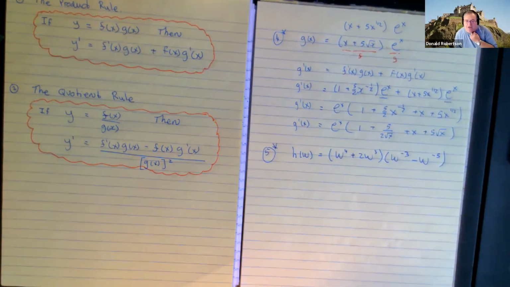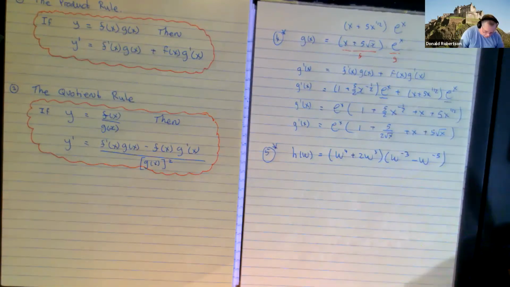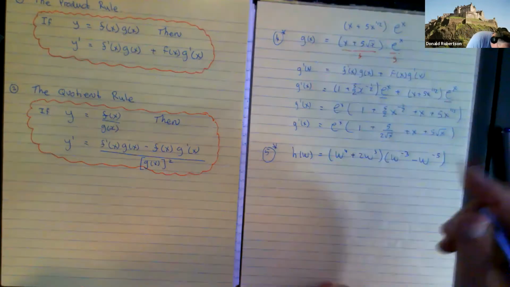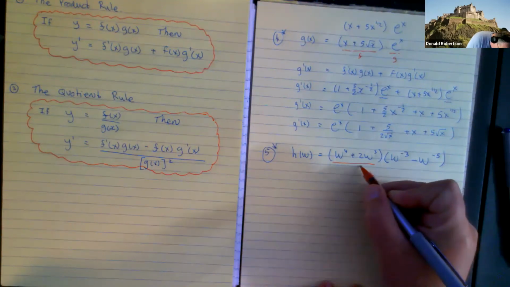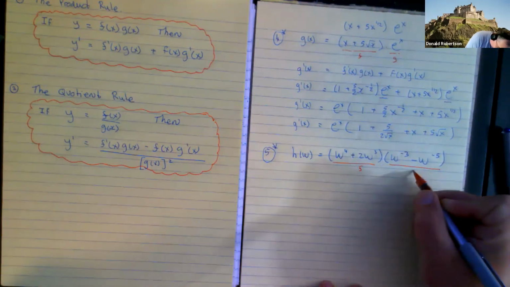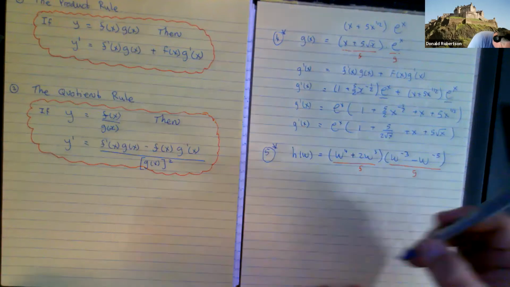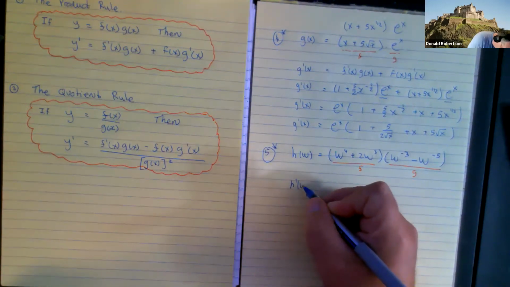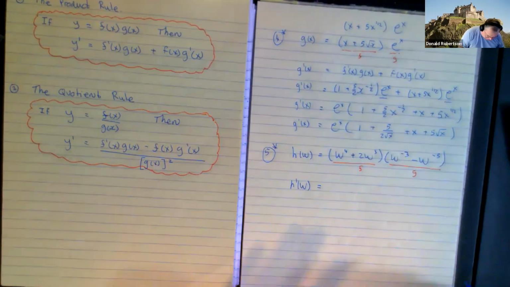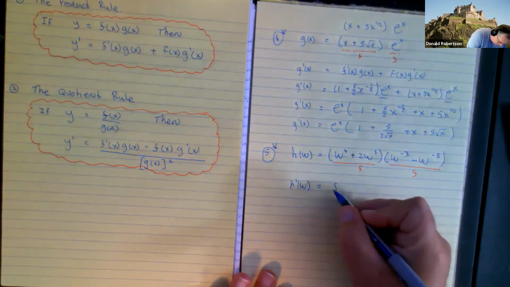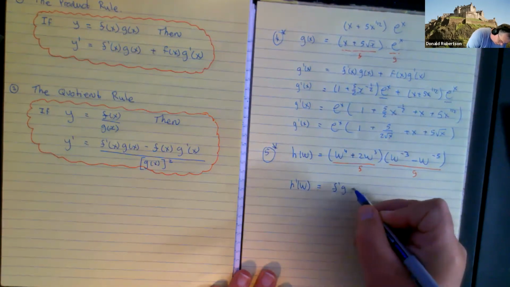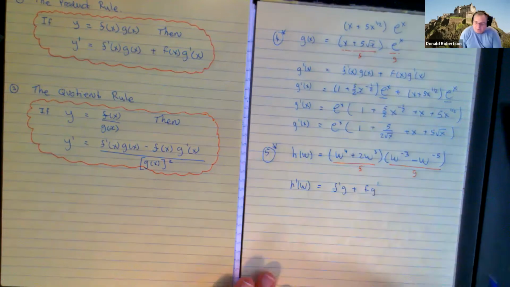The first way is the obvious way, which is just a product rule like all the others. And this is going to be called F, and this piece here is going to be called G. And we're going to get the derivative, and I'm going to write the product rule like that.